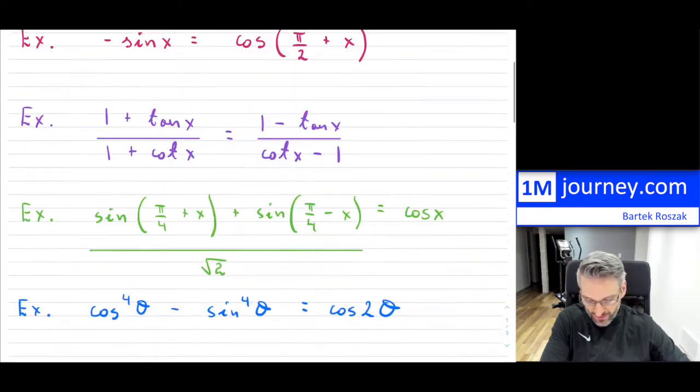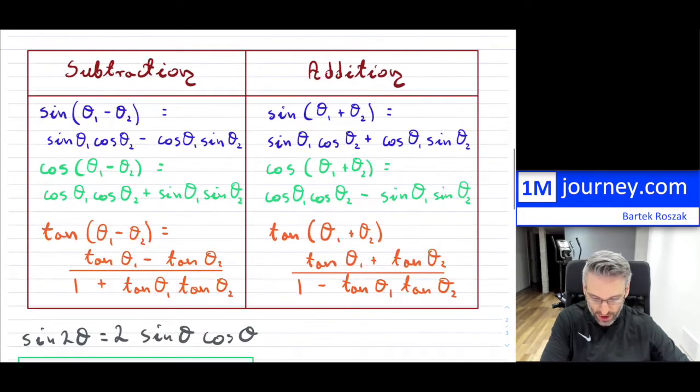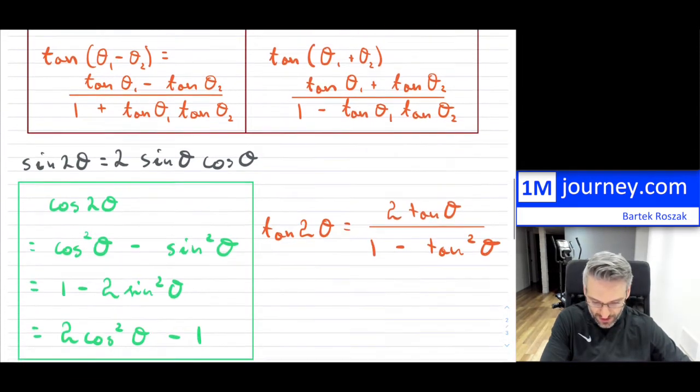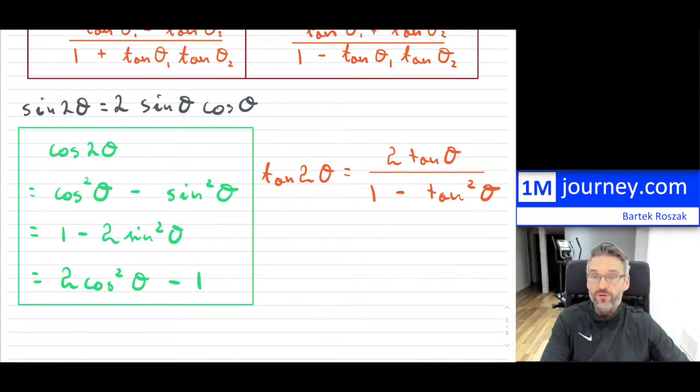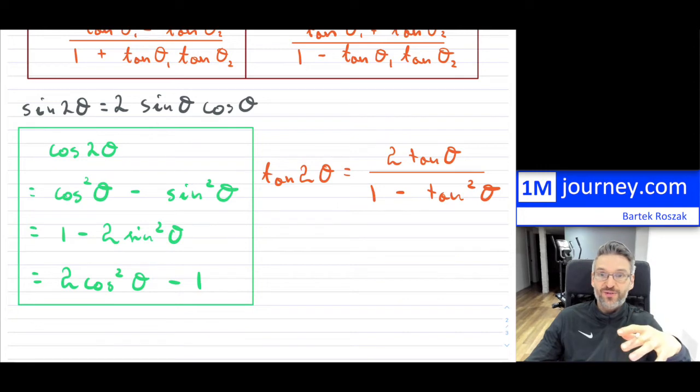And I will be heavily using the compound trig formulas, so for subtraction and addition of angles, and then also the double angle formulas as well. I don't know if I'm going to need them or not, but I like to keep them handy for myself. Now, I will be honest with you, I don't necessarily memorize these. It's very difficult to keep memorizing all of these equivalencies, right?